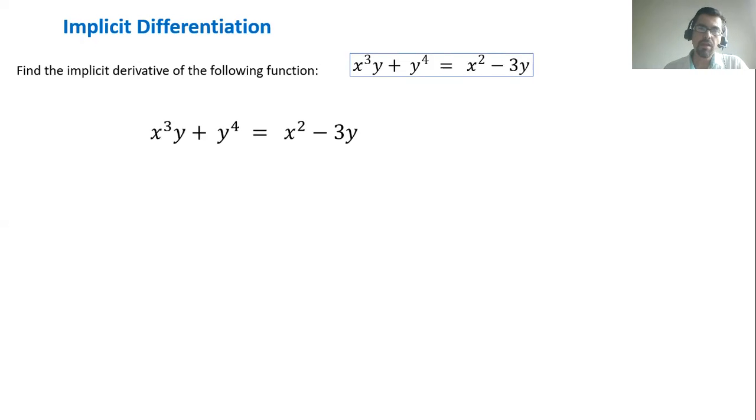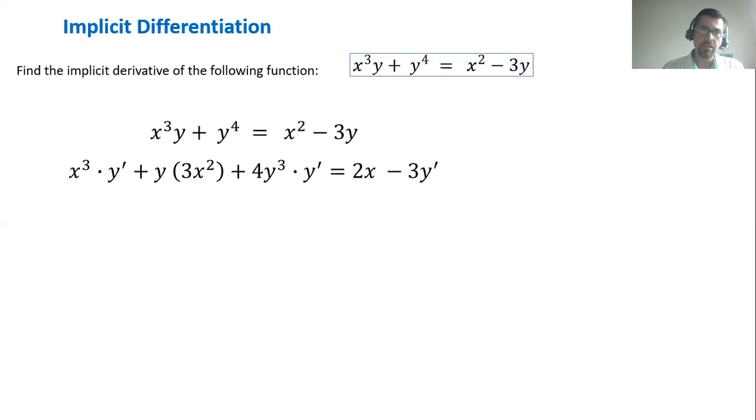What we're going to do is differentiate both sides of the equation, and then we will solve for y prime, the derivative of y. When we differentiate, in this problem, the first term is actually a product of two functions. This is one function, this is another function.